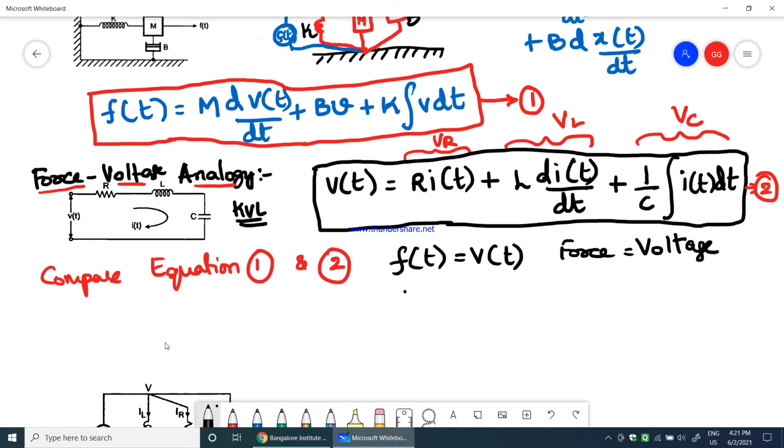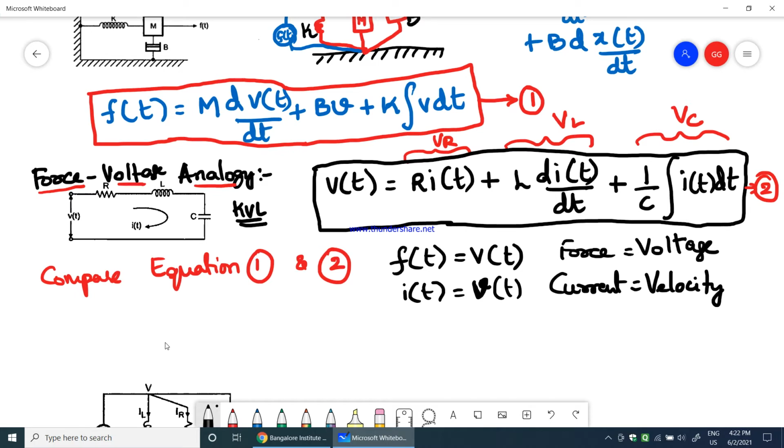Now current I of t will be equal to velocity. So current equals velocity. This is a small v which I have written. Don't get confused between this v and this V: the capital V is voltage, but the small v is the velocity.